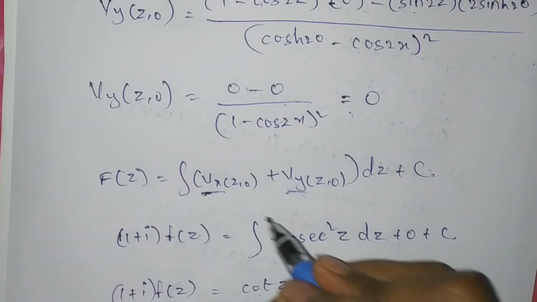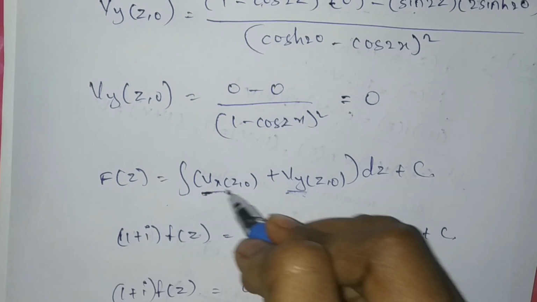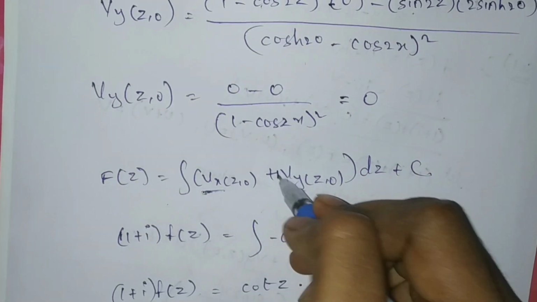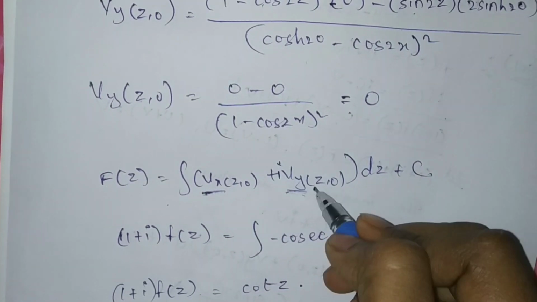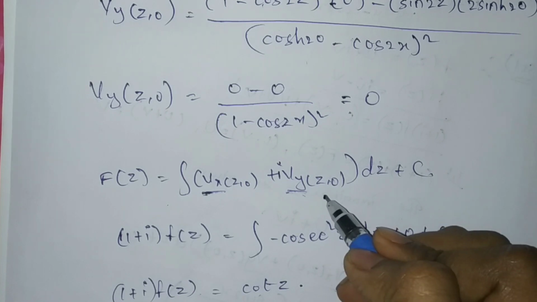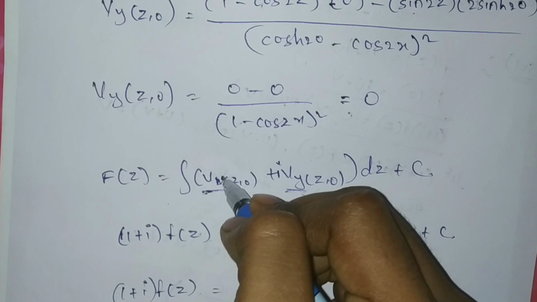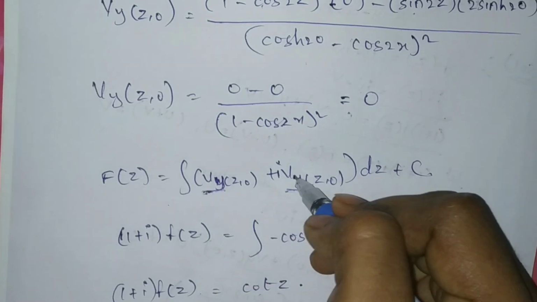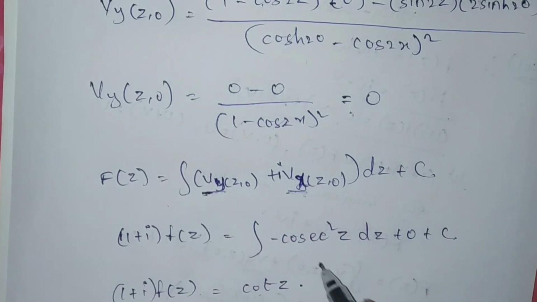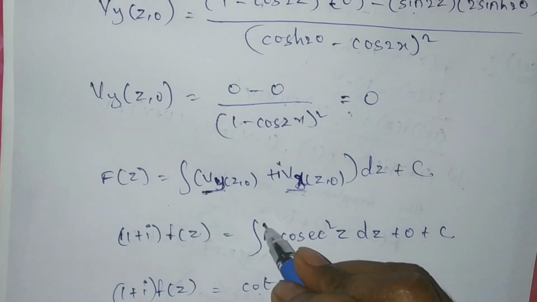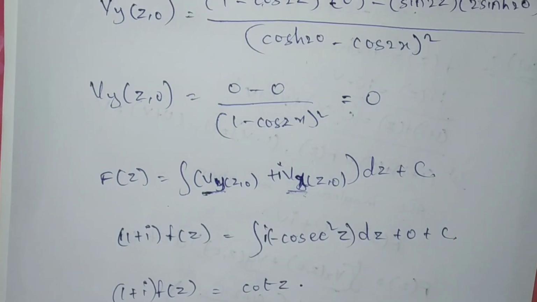Sorry, here the formula is f(z) = vy at (z,0) plus i into vx at (z,0). So i into minus cosecant square z.